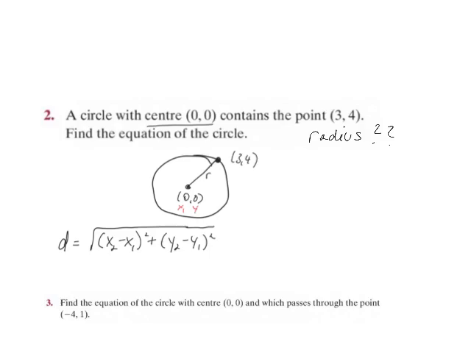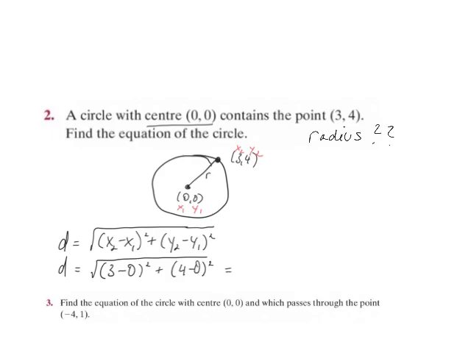x1, y1, x2, y2. And then we just put it into the equation. D is the root of (x2 is 3 minus x1 is 0) all squared plus (y2 is 4 minus y1 is 0) squared.